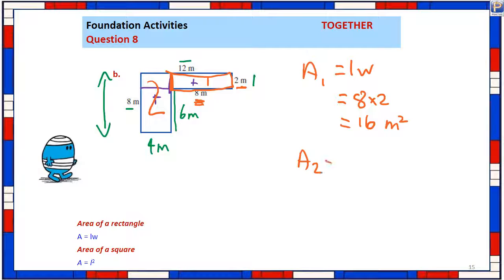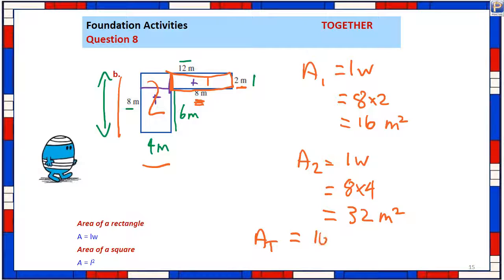Area of rectangle 2 is length times width. So rectangle 2 is 8 meters long, 4 meters wide. 4 8s are 32 meters squared. So area total is 16 plus 32 is on my next line there.